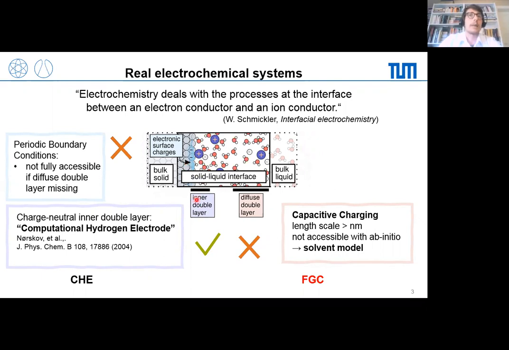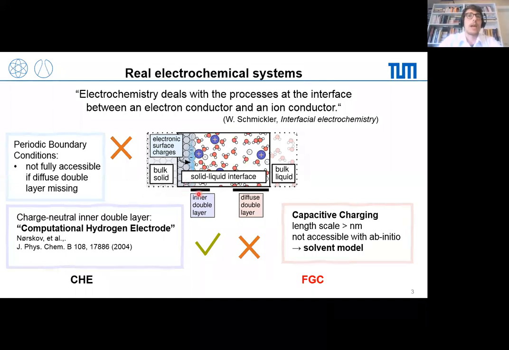this very inner double layer. Now the limitation we have here is that because typical DFT codes use periodic boundary conditions, we have a problem treating systems that are not charge neutral.